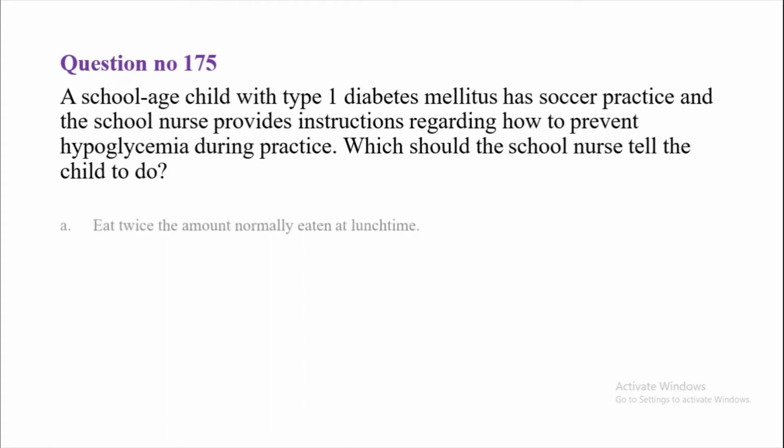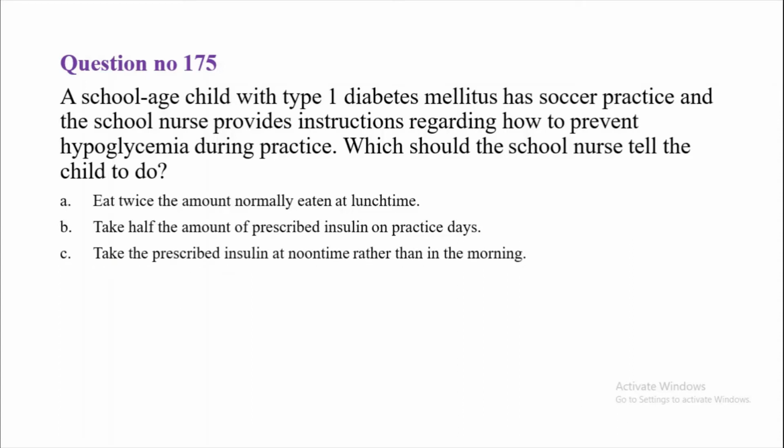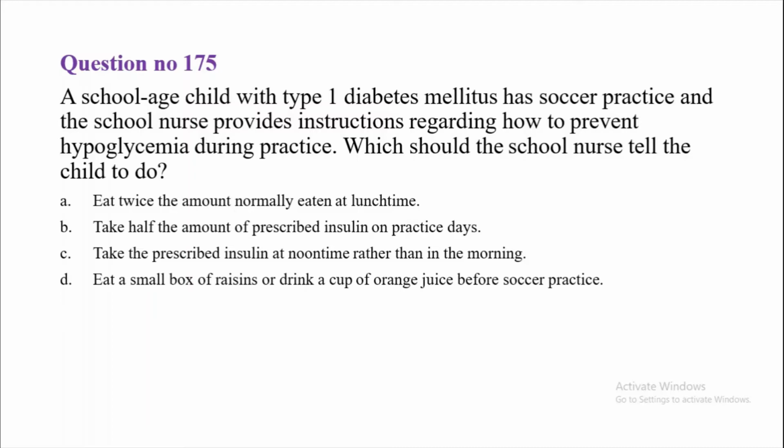The options are number A, eat twice the amount normally eaten at lunchtime. Number B, take half the amount of prescribed insulin on practice days. Number C, take the prescribed insulin at noontime rather than in the morning. Number D, eat a small box of raisins or drink a cup of orange juice before soccer practice.